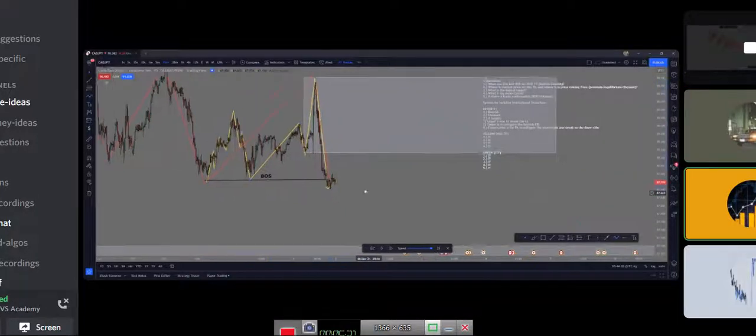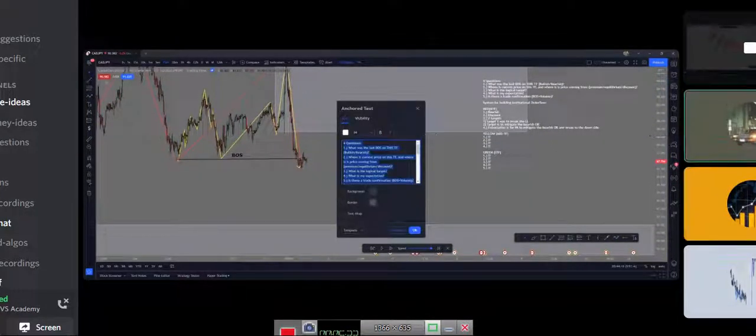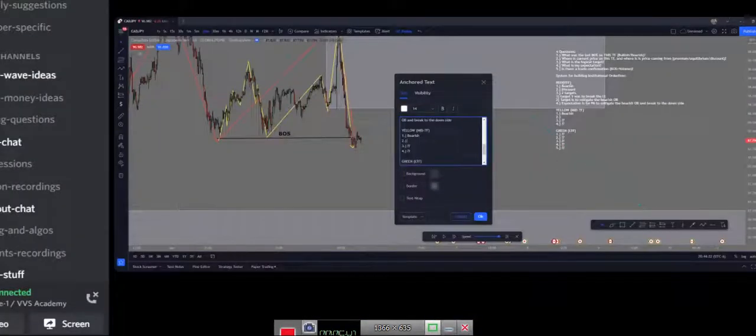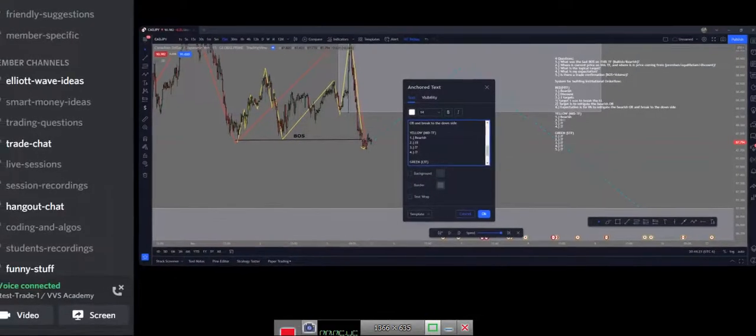So now the yellow time frame is bearish. And we could tell it's at discount. So it's the same as the 1 hour right now.